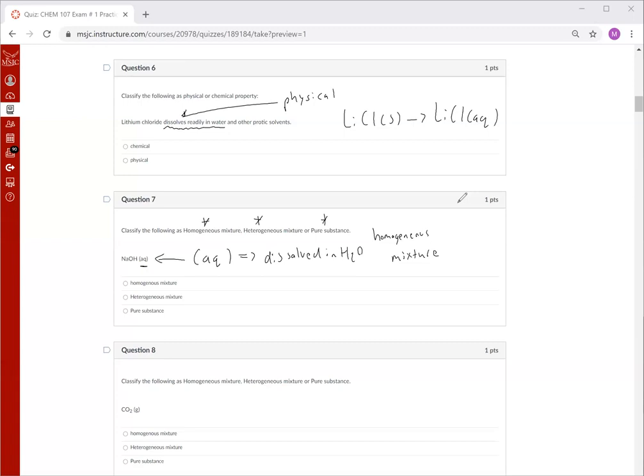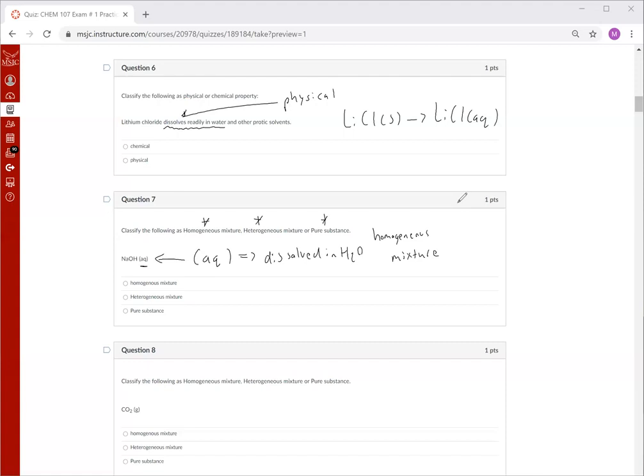If it was a solid symbol, then yes, it would be considered a pure substance. That is correct. The aqueous symbol is given such a unique distinction because it not only implies that the sample is dissolved in water, but, as we may talk about later in the class, for ionic compounds it also indicates that the compound is dissociated into its component ions.